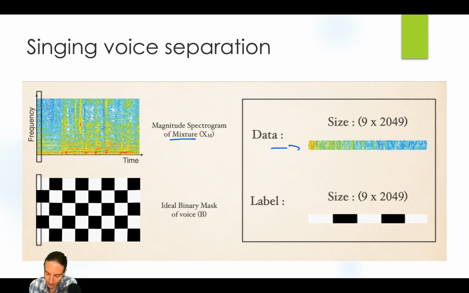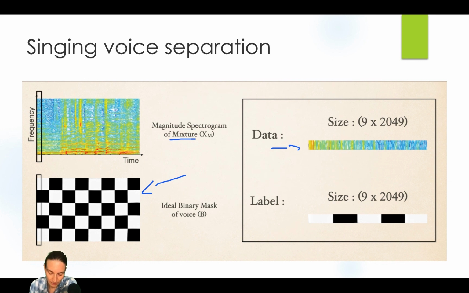Then we give it labels, and the label would be where is the singing voice in the signal and where is it not. So we have this ground truth. So we can actually label parts of the spectrogram that are mostly highlighted in the singing voice. Okay. So then this sort of binary mask is what we're trying to predict.